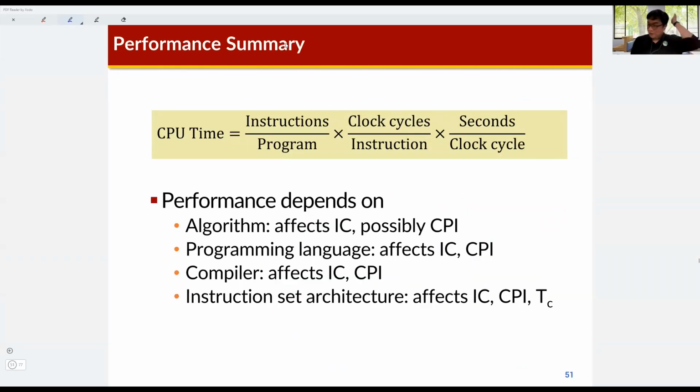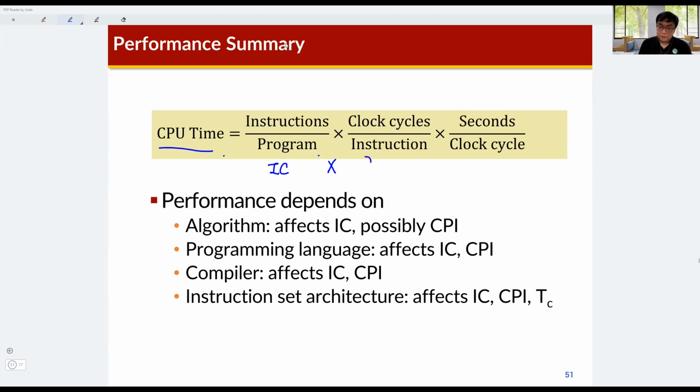Okay, this is the summary. So finally, we have the equation of the CPU time. CPU time is the number of instructions per program, that is the instruction count. We frequently use IC for instruction count, multiplied by the number of clock cycles per instruction, right?